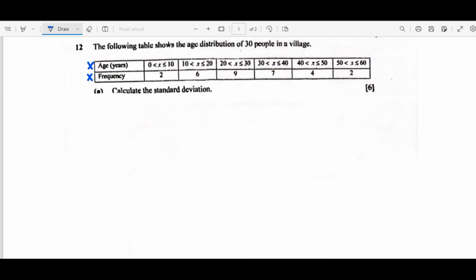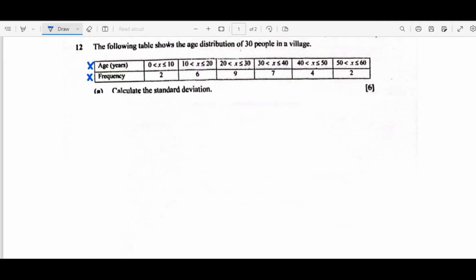Now there are about 3 ways in which we can find the standard deviation, among which you can use the table. But in this lesson, I'm not going to use the table. If you're not using a table, there are some steps that we need to follow.